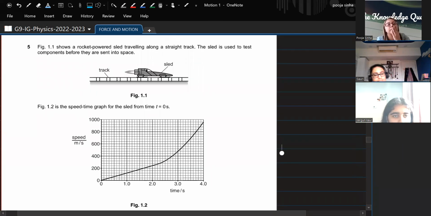Figure 1.1 shows a rocket-powered sled traveling along a straight track. The sled is used to test components before they are sent into space. Figure 1.2 is the speed time graph for the sled from time 0 seconds.